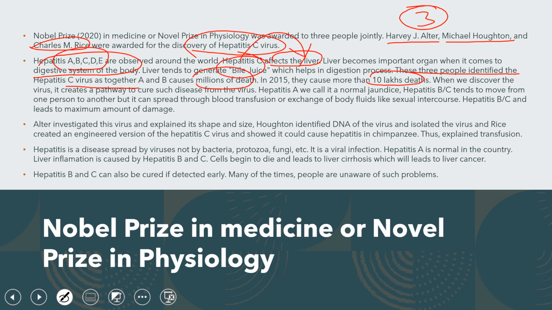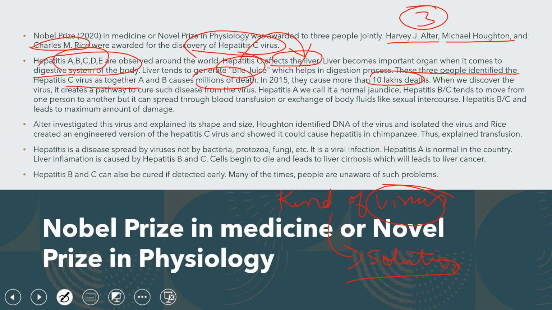When we discover the virus, it creates a pathway to cure such disease. This means that once we know what kind of virus we have, we can think of a solution. Suppose we don't know the shape and size of the virus, then how can we move ahead in curing it, or in creating a vaccine or medicine for that virus?